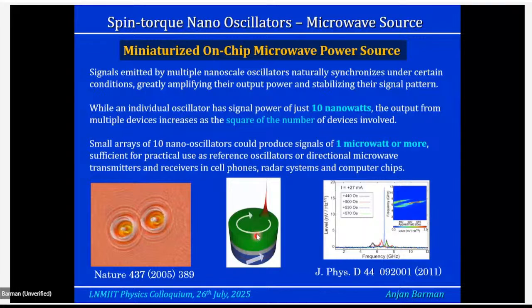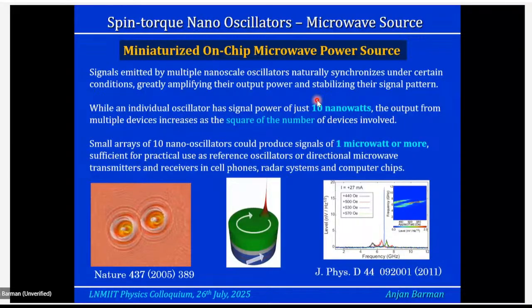If it exerts a torque, and I will show you later how it works, it will create a spin wave in the second magnetic layer. So that spin wave will emit some energy, and that energy is in the gigahertz regime, because spin wave energy is in the gigahertz regime. But the point is an individual oscillator has only 10 nanowatt of power.